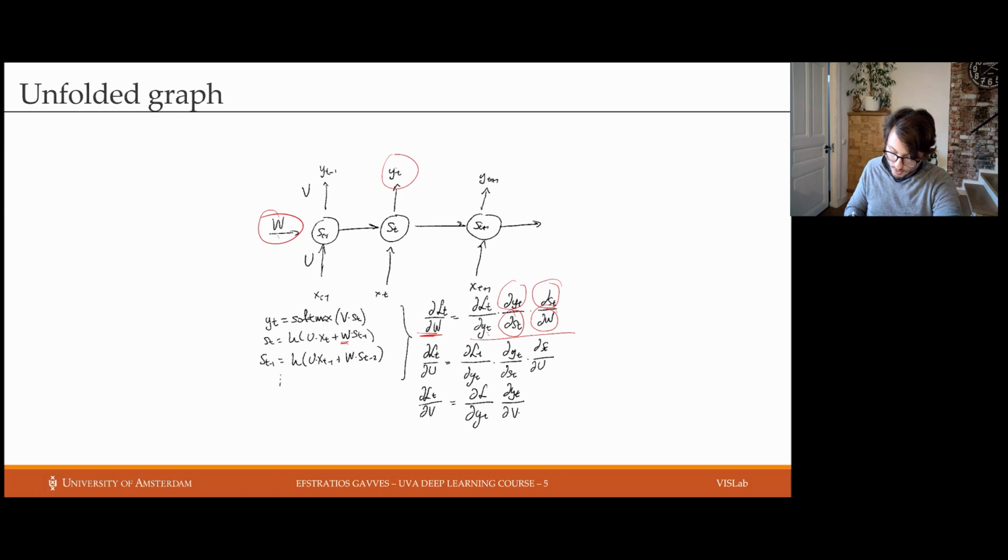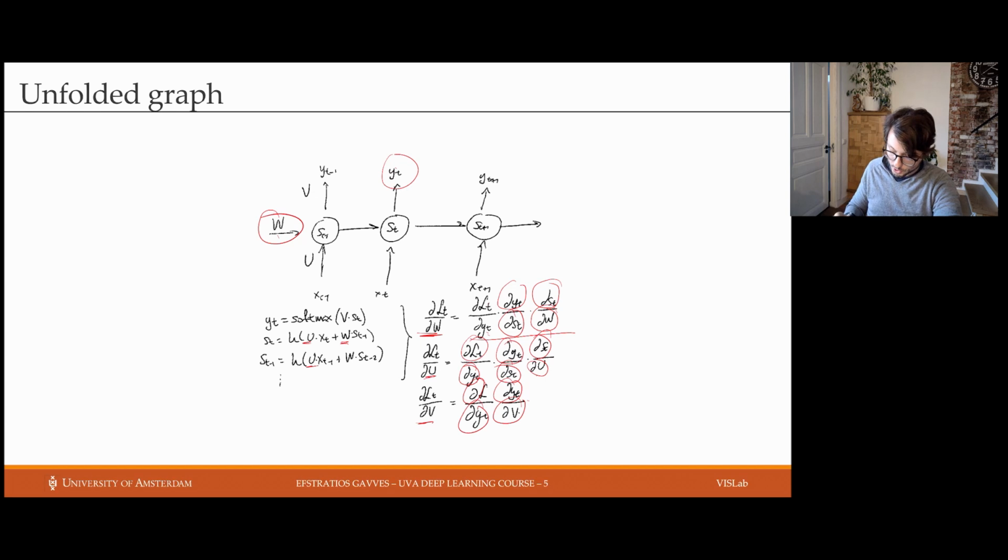For the parameters of the input, we repeat exactly the same process. So the derivative of the loss with respect to the output, then of the output with respect to the state, and then of the state with respect to the parameters of the input, U. And last, for the output parameters, the chain rule is a bit simpler. We take the derivative of the loss with respect to the output times the derivative of the output with respect to the output parameters.